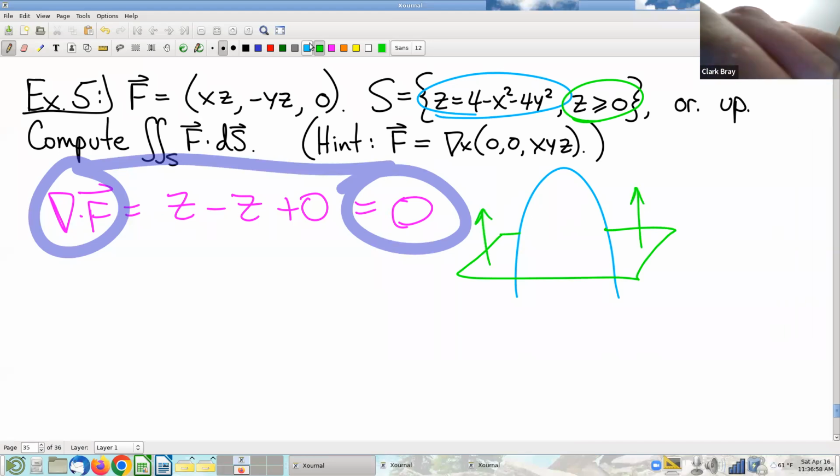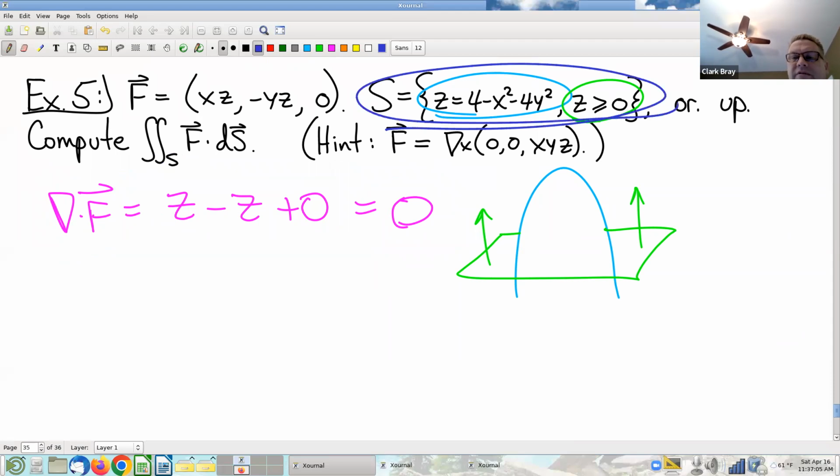So our surface is this right here. And that's not a boundary. That's an upside down bowl, right? It's not a boundary of anything. It does not enclose any volume. It doesn't enclose anything at all.